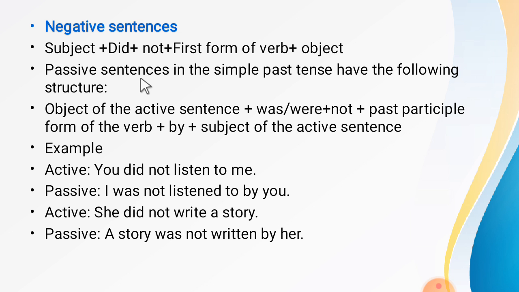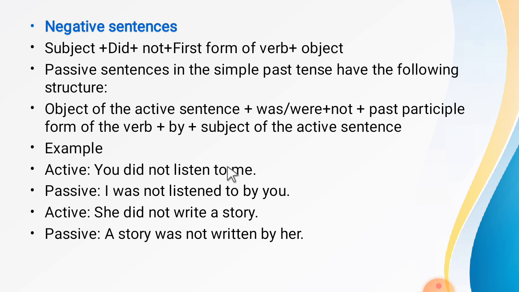Passive sentences in the simple past tense have the following structure. The object of the active sentence changes into subject, which comes at the beginning, and then was or were as per the rules of helping verb, and then not, then past participle form of the verb plus by and the subject of the active sentence, which becomes the object in the passive form.